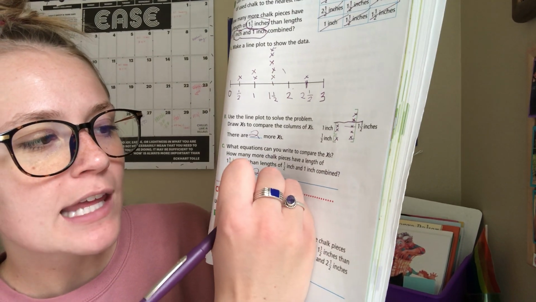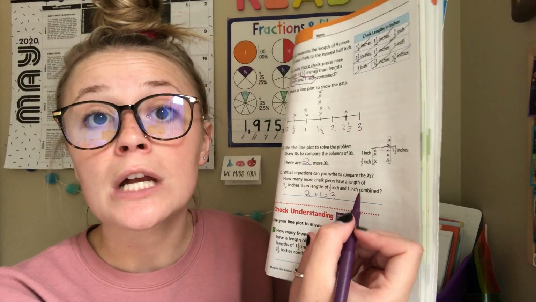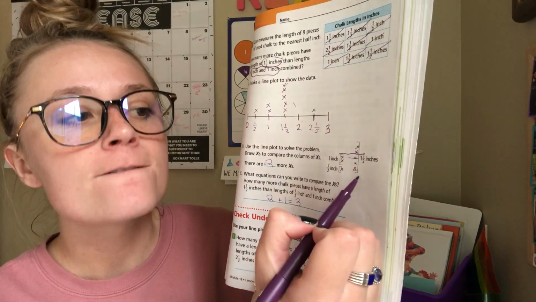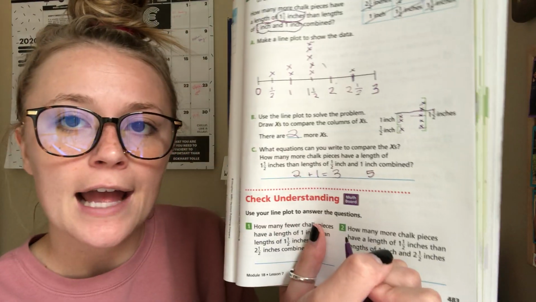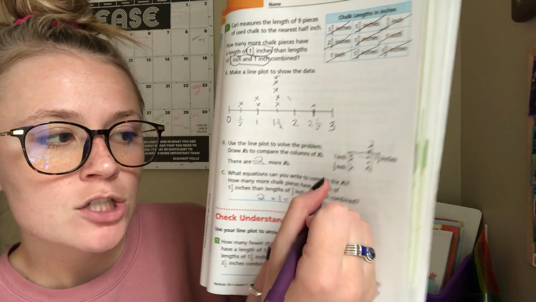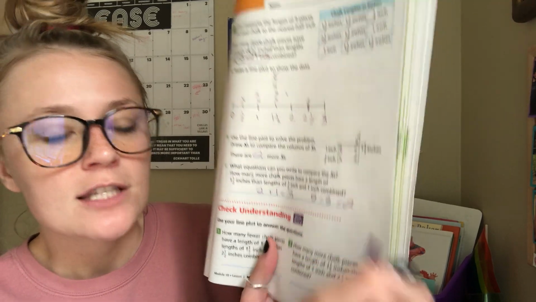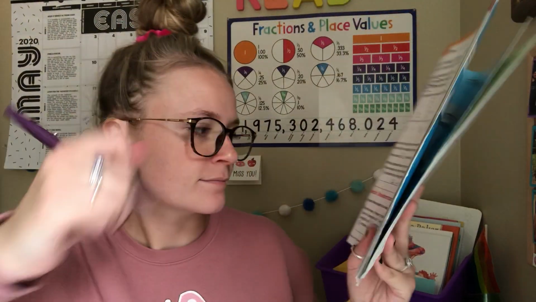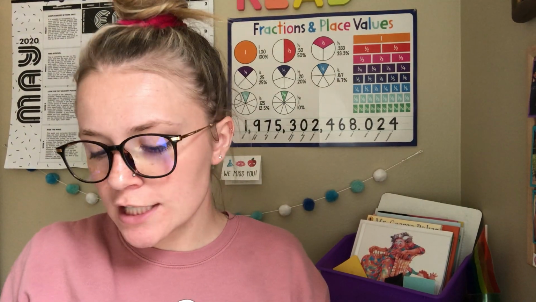So 2 plus 1 equals 3. Then I'm going to subtract to compare those numbers. There are 5 1 1/2 inch pieces of chalk. So I'm going to do 5 minus my combined total over here, which is 3, equals a difference of 2. Okay, feeling totally groovy. Let's go to the check understanding.